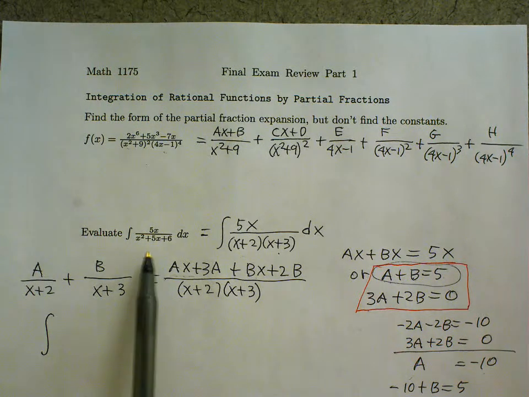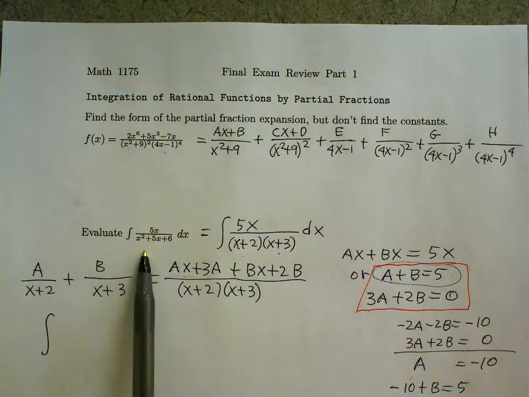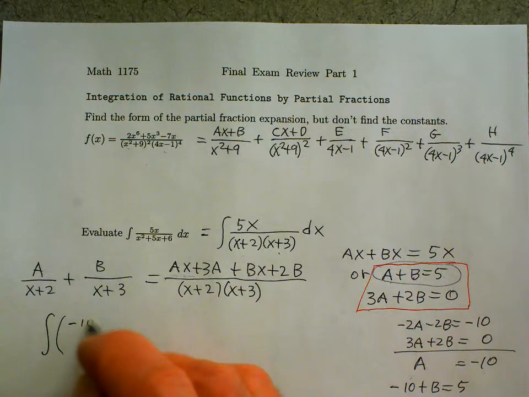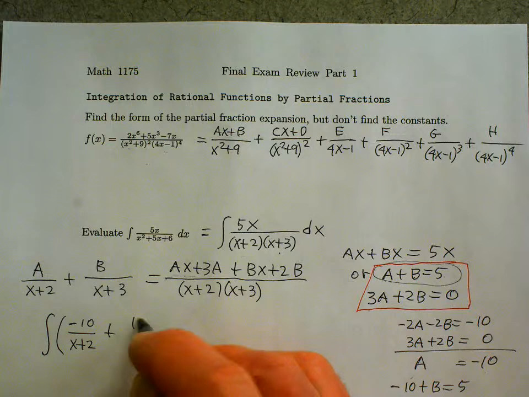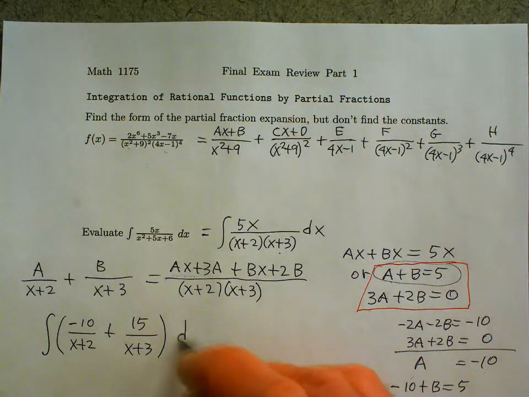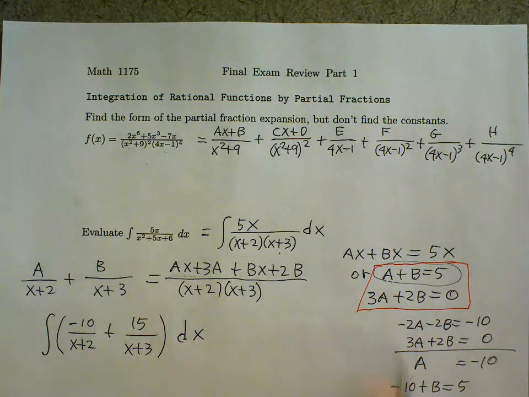So in using partial fractions, the integral of 5x over x squared plus 5x plus 6 dx is the same as the integral of -10 over x plus 2 plus 15 over x plus 3 dx.